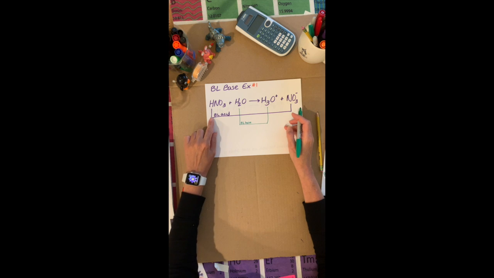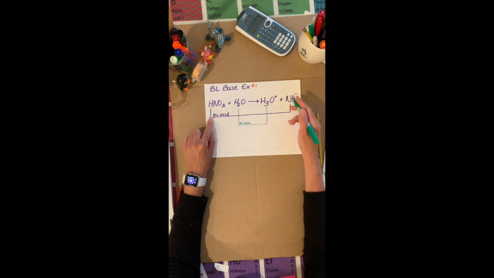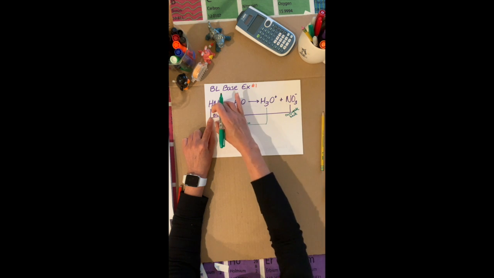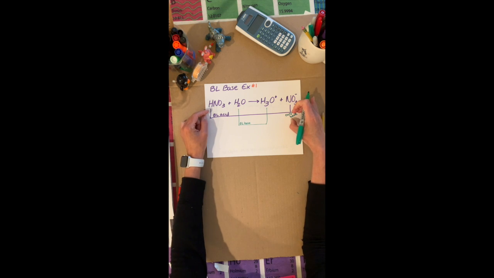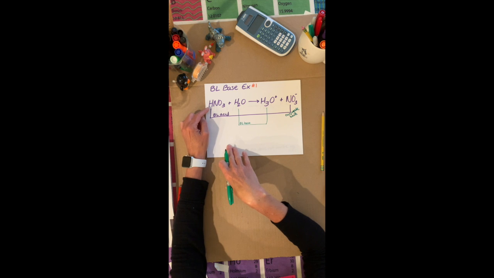Now there's another little part to this. The Bronsted-Lowry acid is always connected to a species called its conjugate base. So the nitrate is the conjugate base, because in the reverse reaction, this is taking up a hydrogen from the solution to become nitric acid.